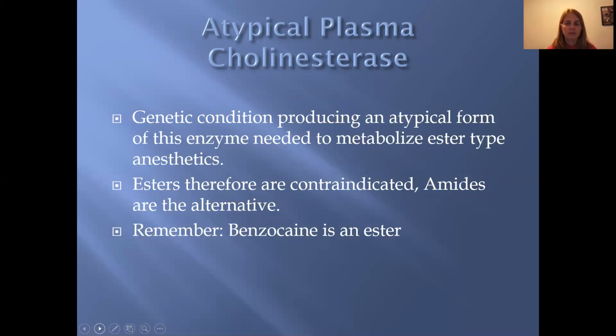Give lidocaine or mepivacaine with no epi. Amides metabolized in the liver are okay, but not articaine. Articaine is the amide that behaves like the ester, and it is metabolized mostly in the plasma, 90% plasma, 10% liver. So we would want to avoid that.